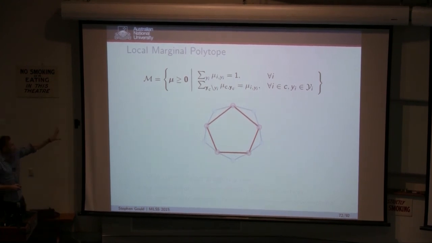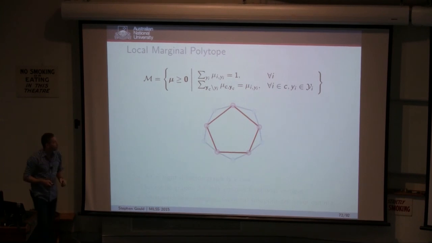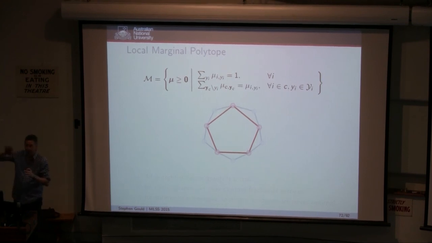So we now have this optimization problem, but it's slightly difficult to deal with for two reasons. The first reason is that we have binary variables, and so they're difficult to optimize over. The second problem is that we have a whole bunch of constraints that define something called the marginal polytope.